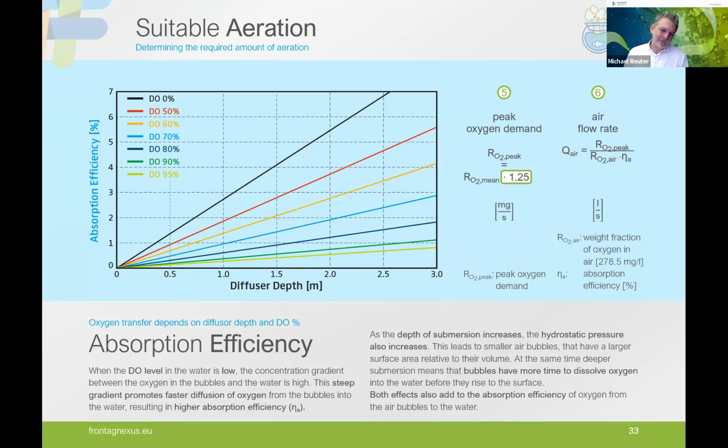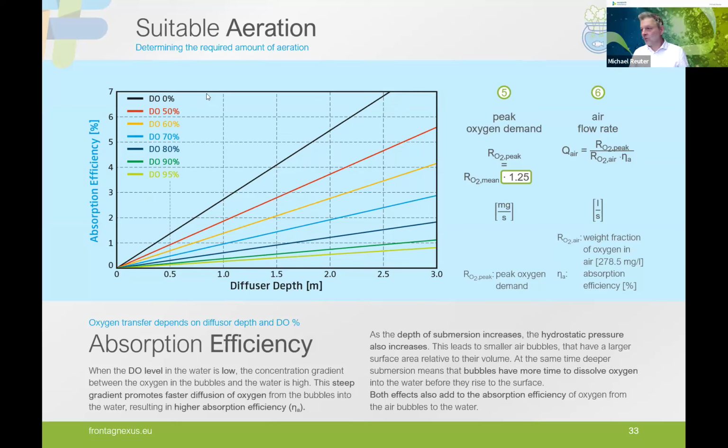And the second parameter that is important for defining the absorption efficiency of oxygen from the air into the water is the concentration of oxygen already present in the water. Then we can look up the absorption efficiency with graphs like the one that I show here.